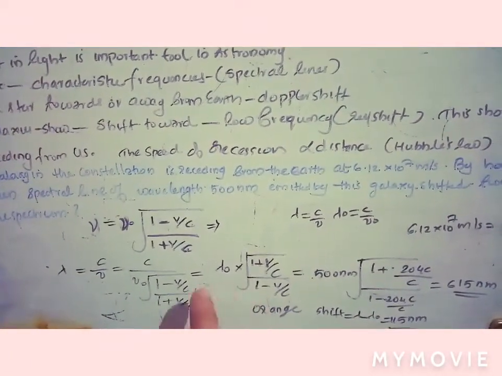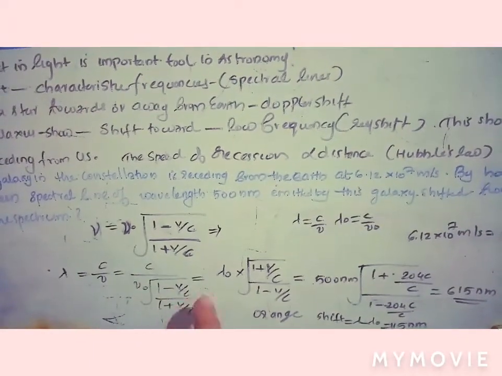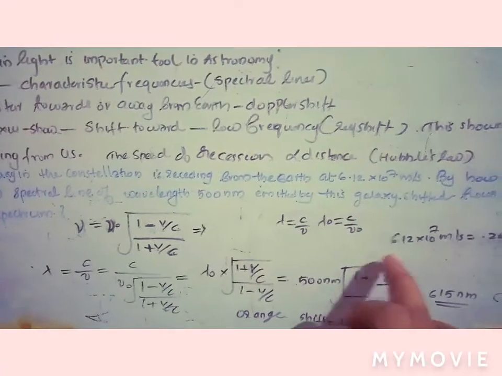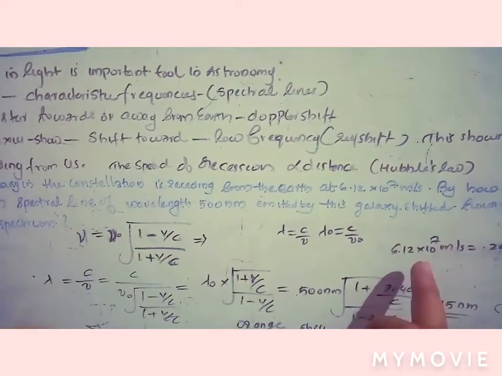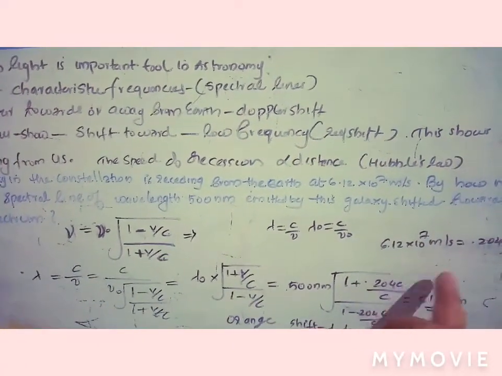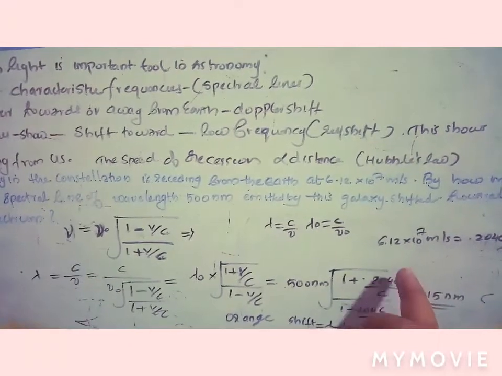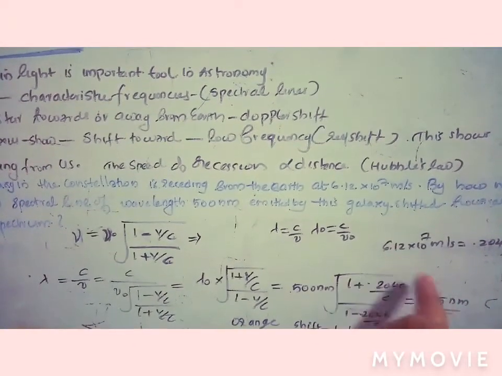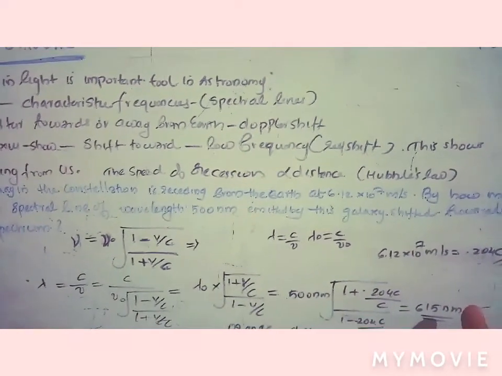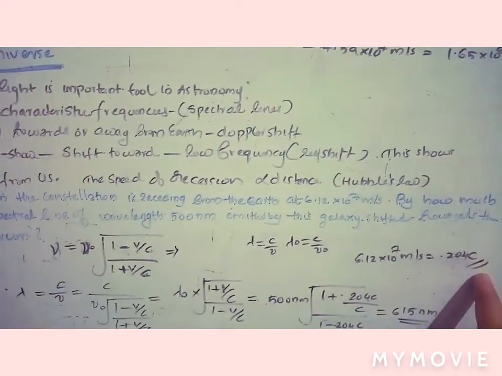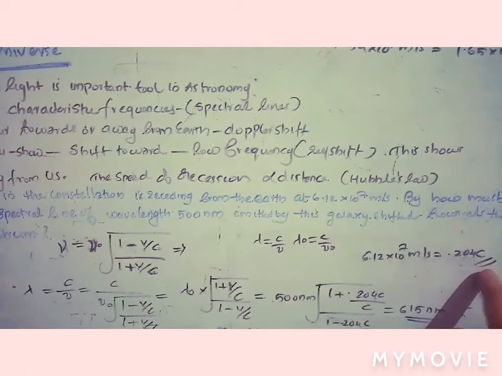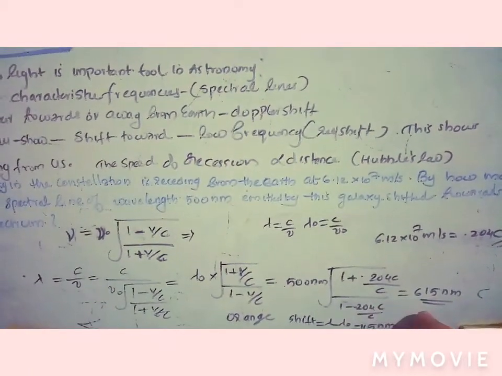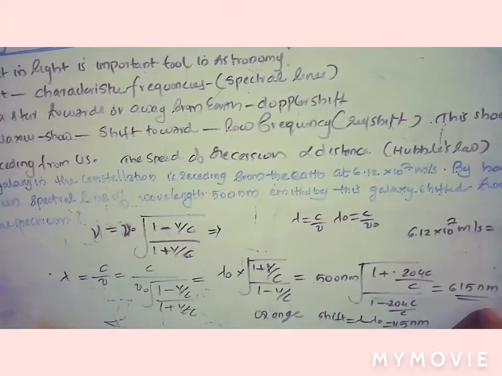The speed is given in the question, so we have to express it in terms of c, dividing by 3 into 10 raised to 8, that is c, which gives 0.204 c. So we substitute, then we can cancel c and we get the answer as 650 nanometer.